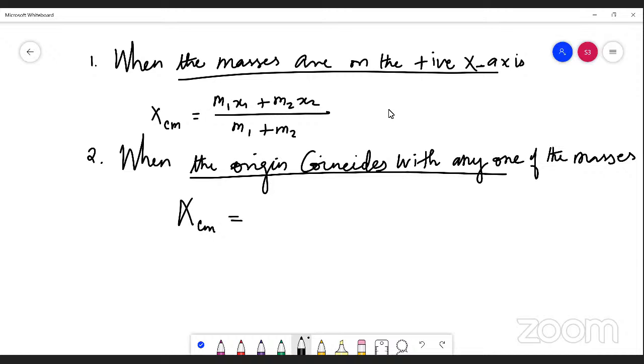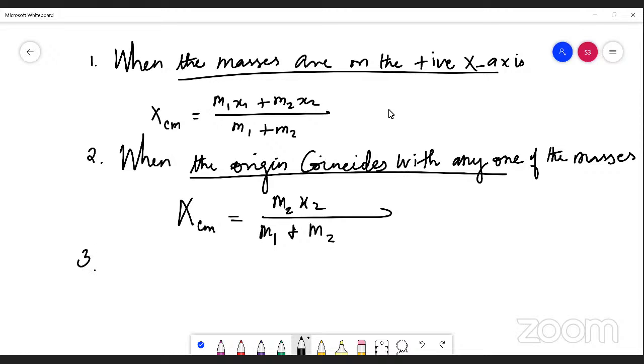I am writing you the simplified version of this formula. Xcm is equal to, if the mass m1 is coinciding with the origin, then the formula becomes m2x2 divided by m1 plus m2. This is the formula for center of mass. Because you are going to use these formulas to solve the problem, you should know.